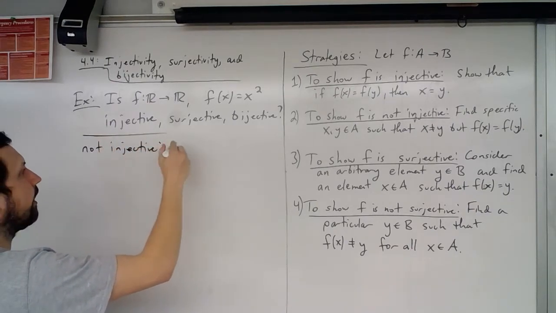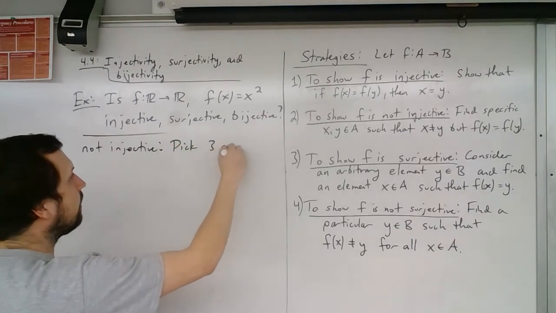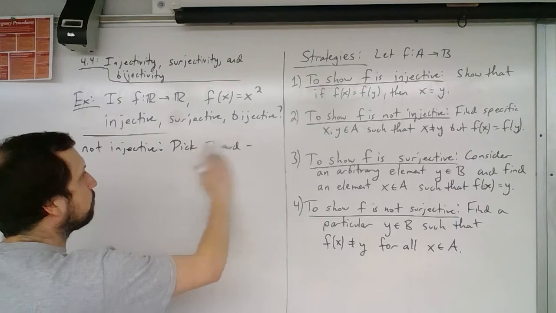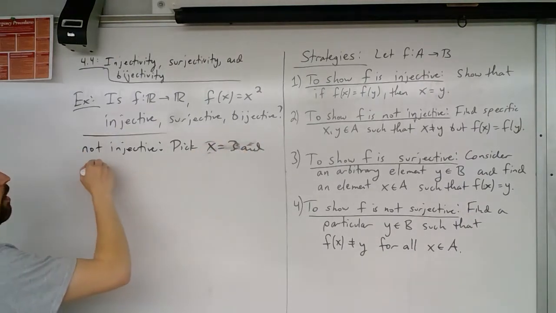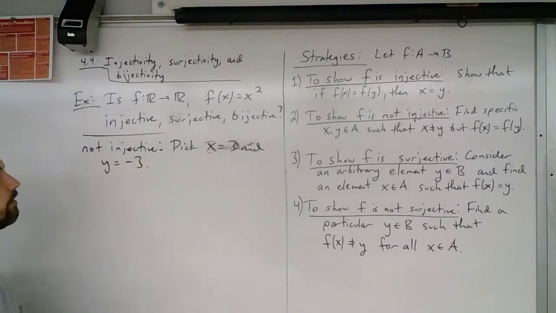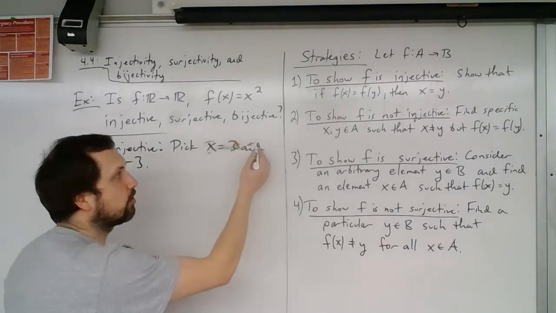And so what this looks like is we're going to pick x is equal to 3 and y is equal to -3. We can just verify some things, just like with a counterexample.